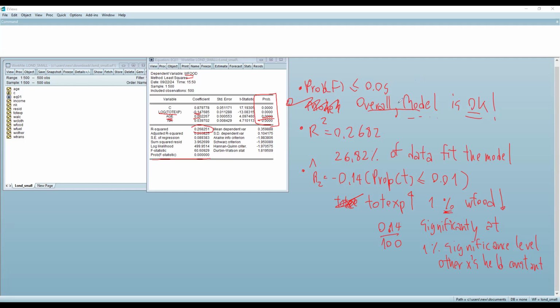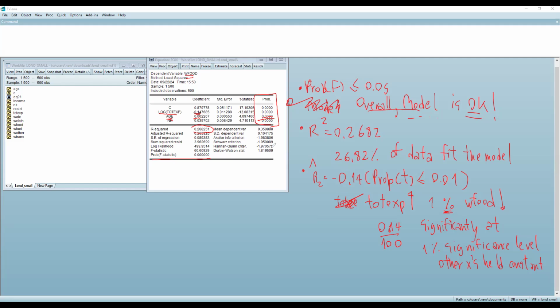This means if age increases by 1 year, the bill would increase 0.002, significantly at the 1% significance level, with the other variables constant.